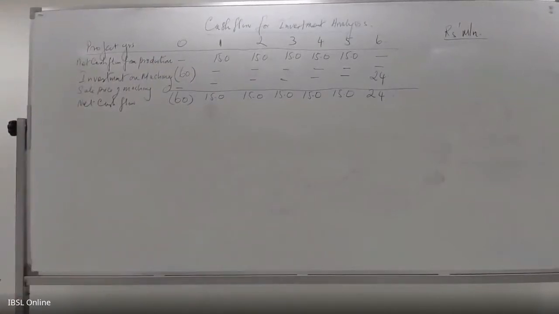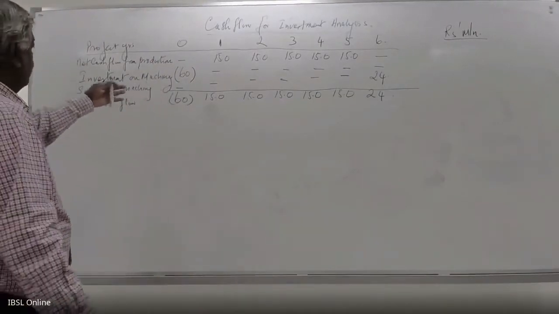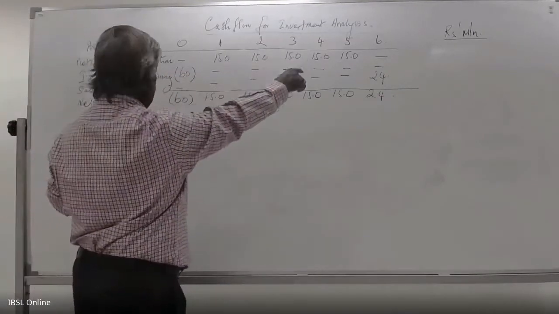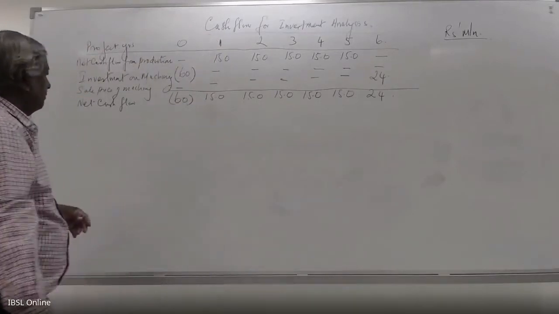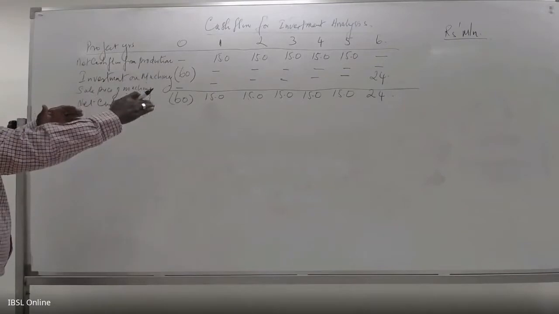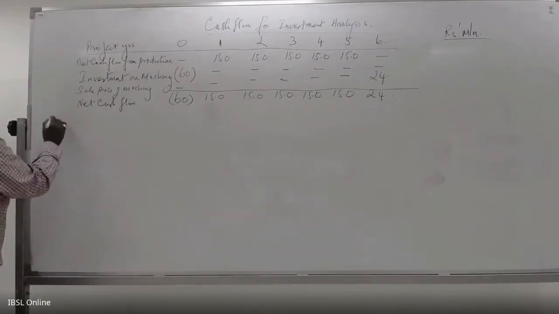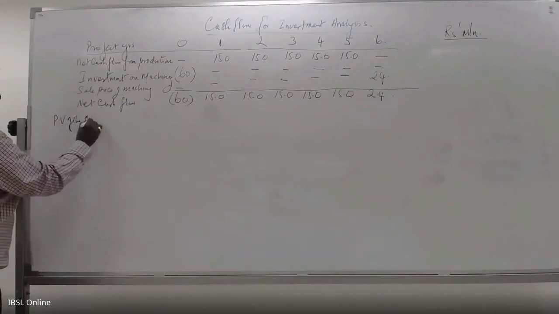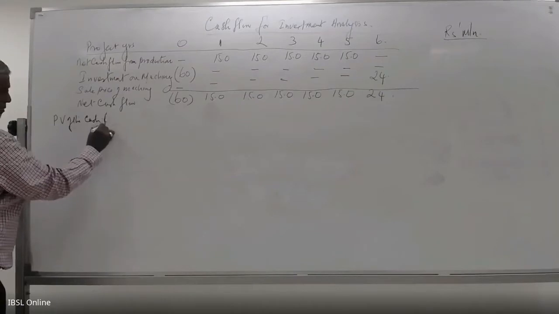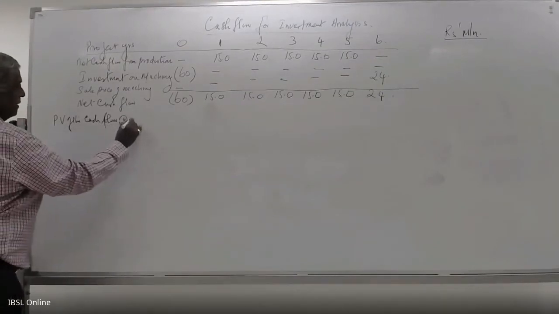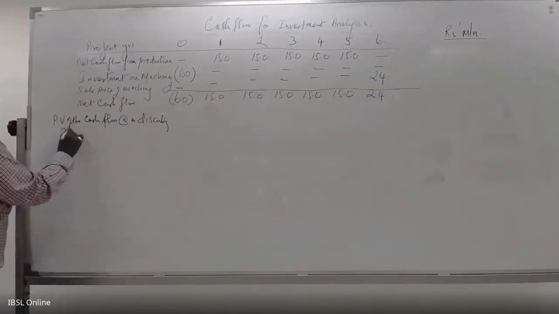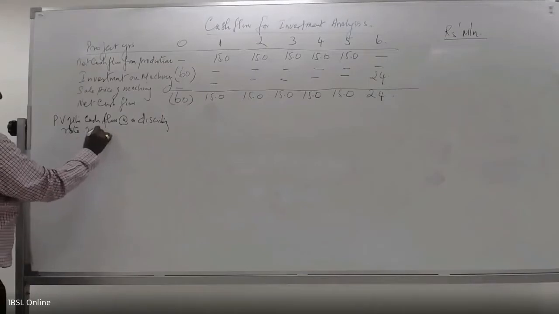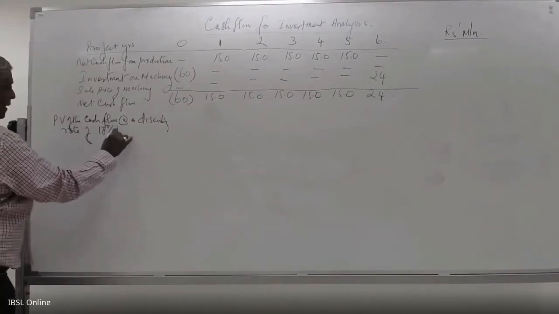The steps are important. This is the normal cash flow, the net cash flow for investment analysis. Now we bring all these values to the present value. So the step is important: present value of the cash flow at a discounting rate of 18% per annum.